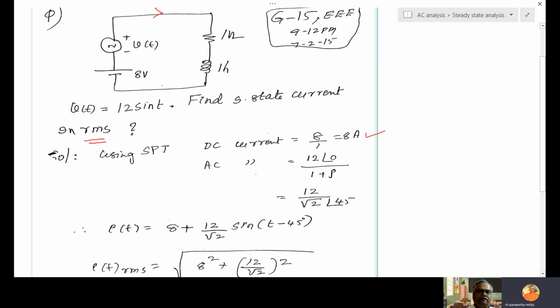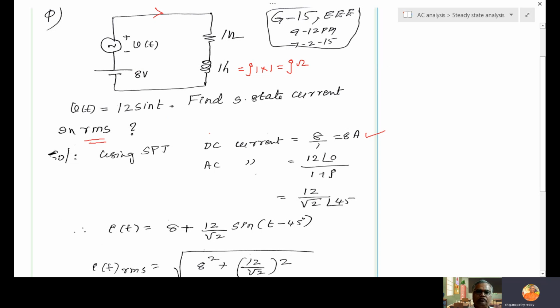With the AC, 12 sin t, what is the phasor form? 12 angle 0 by 1 plus, what is the inductive reactance? j omega L, omega is 1, and L value is also 1. So it is j ohm. So simply 1 plus j. Using a calculator, simplify. This is in phasor form.